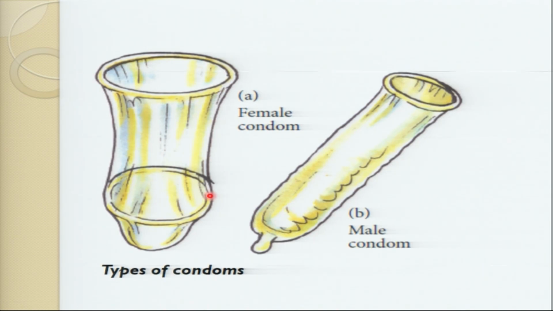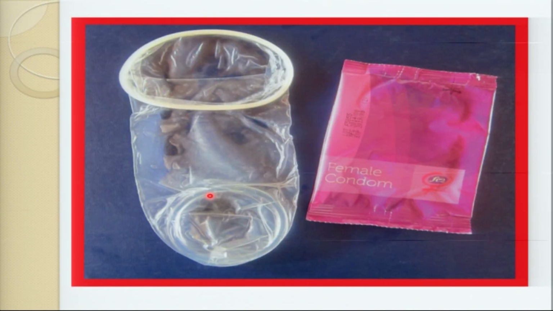This is a female condom, and this is a male condom. What are they? Where do we use these female condoms and male condoms? The female condom is also referred to as femidom. We have another one, which is also a female condom in the diagram.